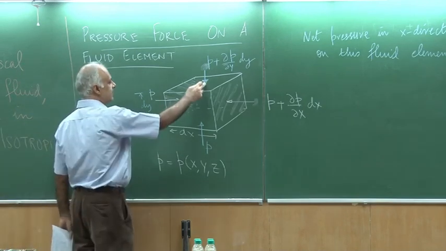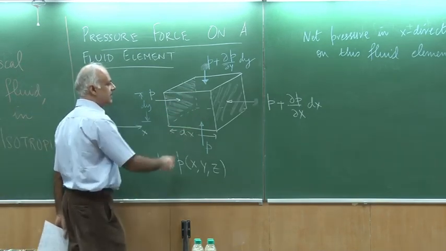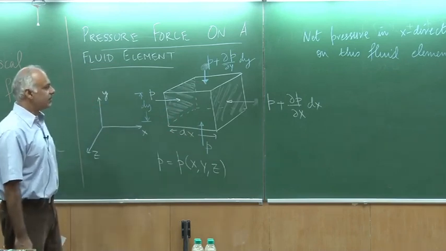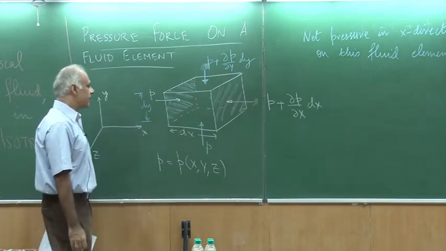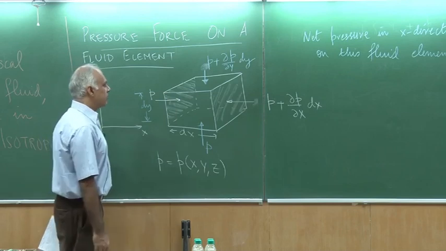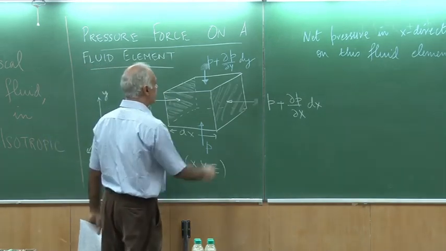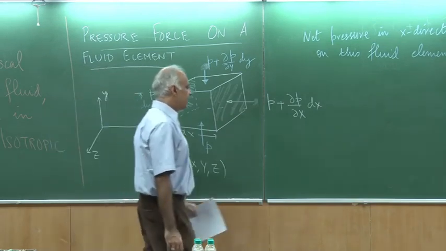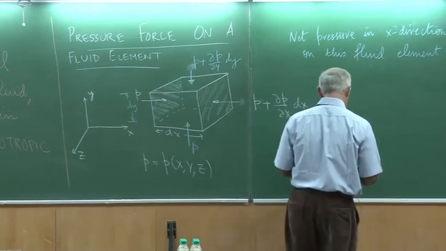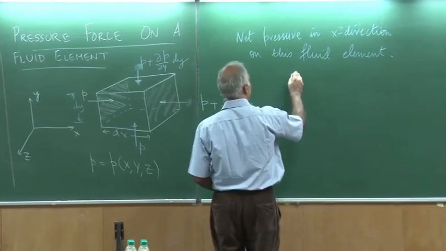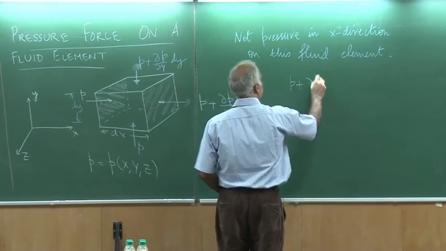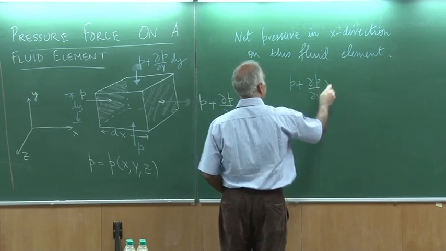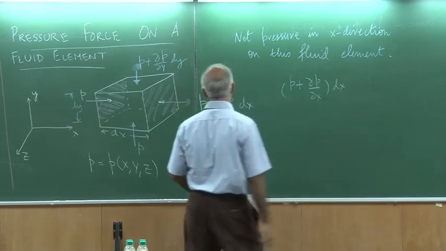Similarly, in the y direction only these two faces would contribute and not the other faces, and likewise for the z direction. So as far as the x direction is concerned, I would only like to take resultant over here, and I could write this as P plus delta P by del x times dx.